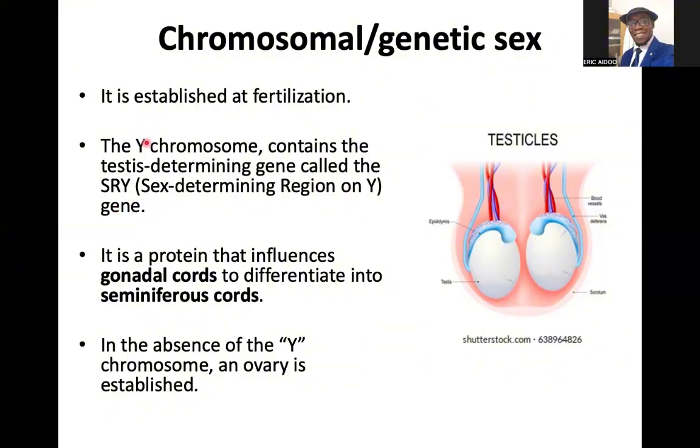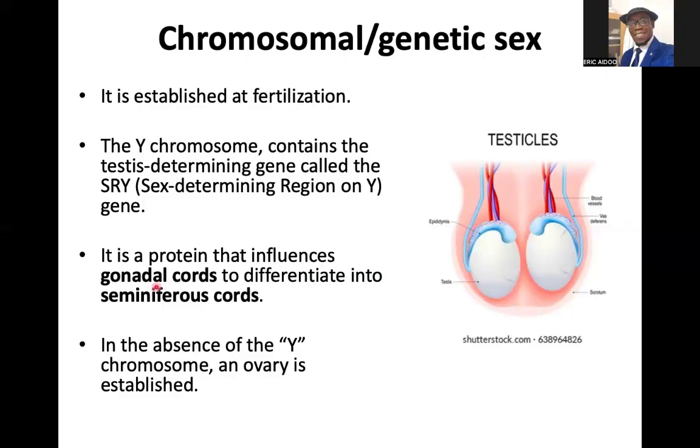That is why I told you that it is the presence or absence of the Y chromosome that will emphasize whether sex is genetically male or female. So it is a protein that influences gonadal cords to differentiate into seminiferous tubules.